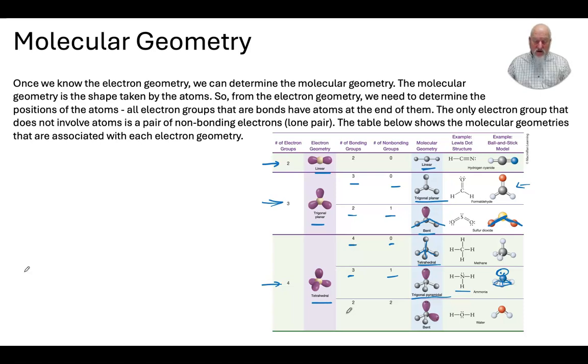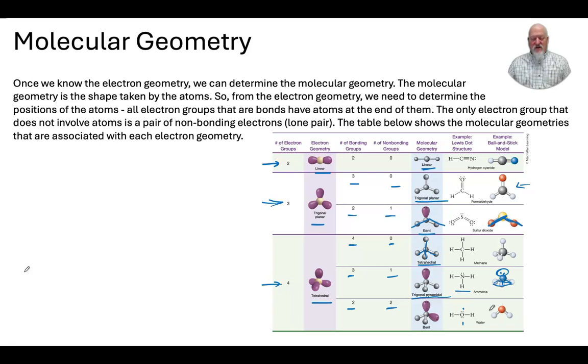And then the last one, again, we have 4 total electron groups, except now we have 2 bonding groups and 2 non-bonding groups. An example here is water, where I've got oxygen in the middle. It's got 2 bonding groups, one to each hydrogen, and then it's got 2 lone pairs or non-bonding groups on it, so 4 total groups.